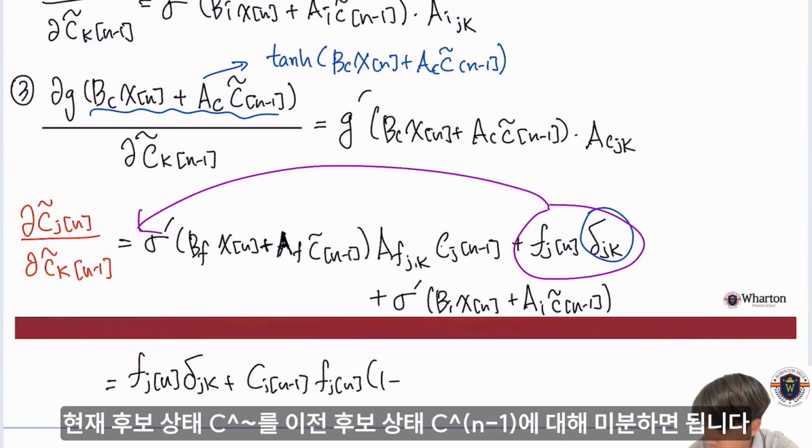We bring everything here, the Kronecker delta of JK plus Cj here, distributing it. So Cj n minus 1, Fjn, the forget gate, multiplied by 1 minus Fjn.